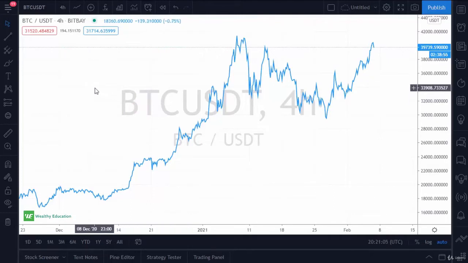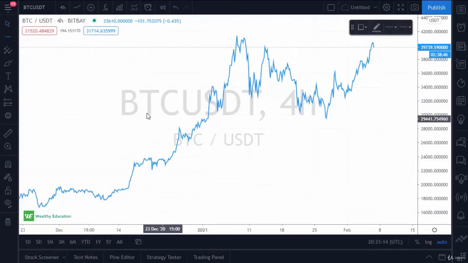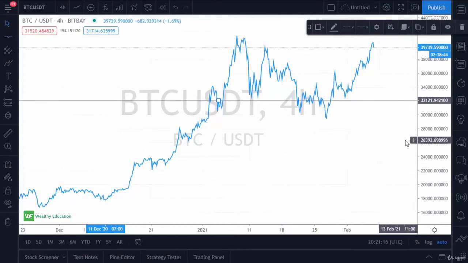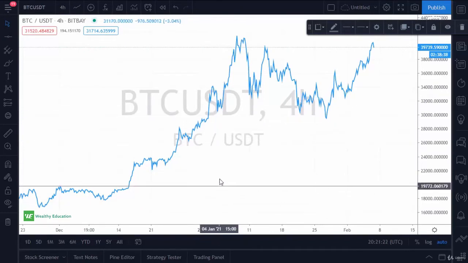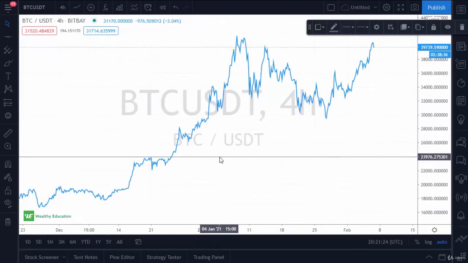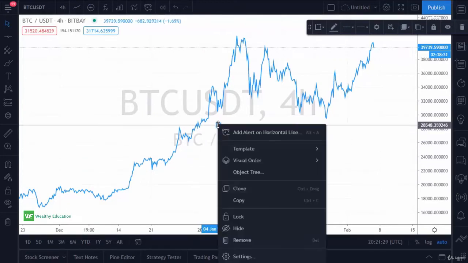The platform has a whole host of tools on these submenus here, but on this one, trend line tools, you'll see horizontal line. You click on that, and you just place it on the chart wherever you want. You can see there's a little bubble there in the middle, and you can click and drag that, and you can adjust it to where you want it to be. And just plop it on the chart like that. You can right click, go down to settings.